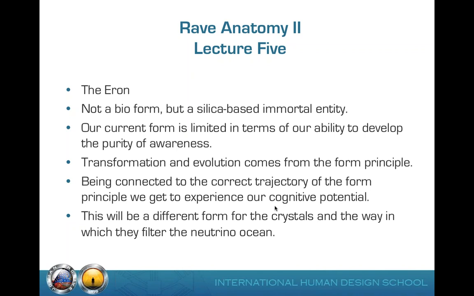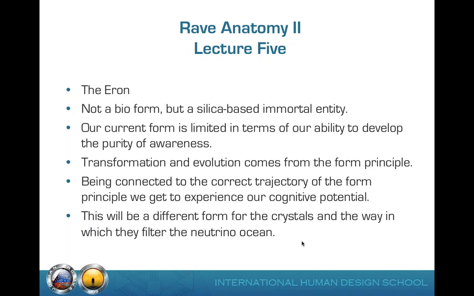Strategy and authority is all about eliminating resistance to the form so that you can live in a healthy body and then be all that you're here to be, right? That's what it's all about. That's what Human Design is really all about, teaching us how to do that, or that we can do it. And now we just have to do it if we want to. So what he's talking about is this new silica-based entity, form, whatever.